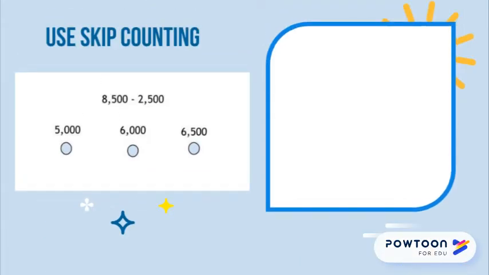Now I need to think of what I'm going to skip count by. Hundreds or thousands? Well, it has 8,500 minus 2,500. So if I first do 500, I can get it down to the thousands. Alright, so 8,500, then to 8,000.